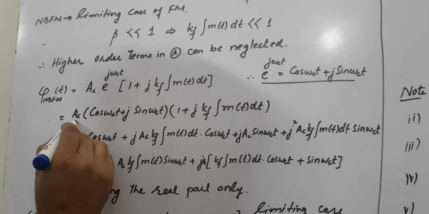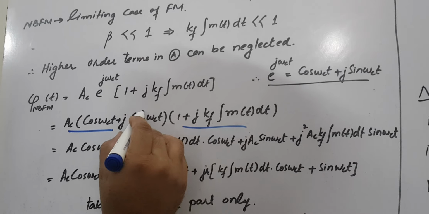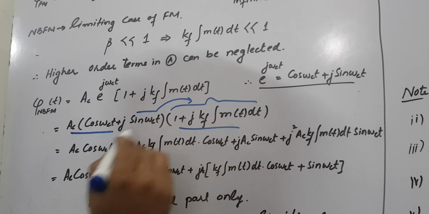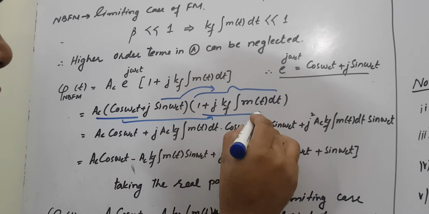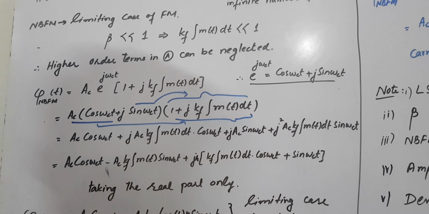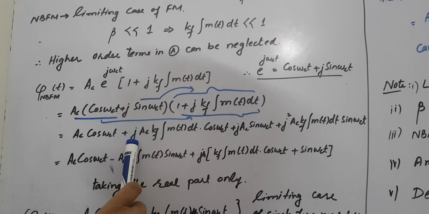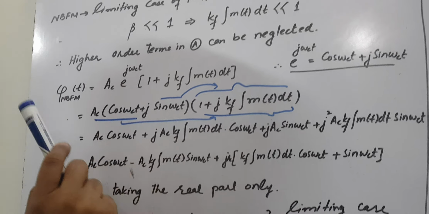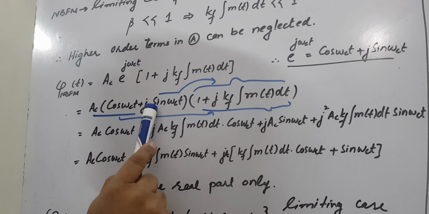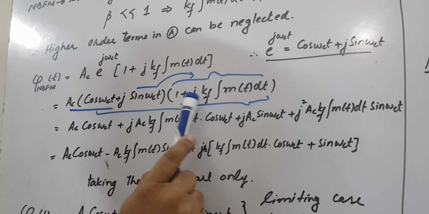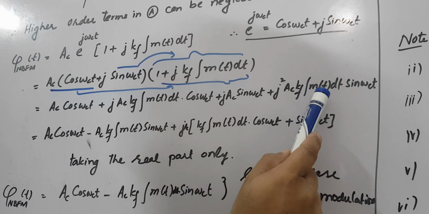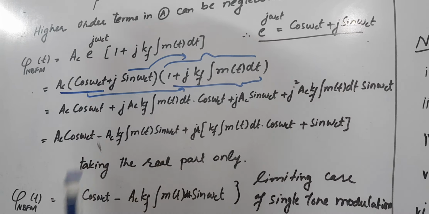Like here you multiply this with that one and then you multiply this with that one. You can multiply term by term. So j A_C k_f integral of the message and cos ω_C t. Similarly you multiply this with the 1, so j A_C sin ω_C t, plus j multiplied by j, its square, A_C k_f integral of message sin ω_C t.